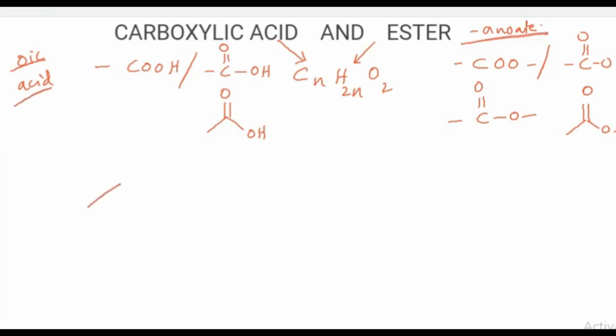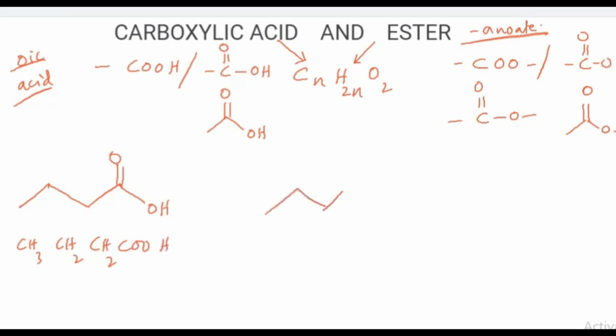If you have a structure like this, this is ethanoic acid. But if we extend one more carbon, this is propanoic acid, and this is butanoic acid. This is CH3, then again CH2, then CH2, and then COOH. So this is butanoic acid.